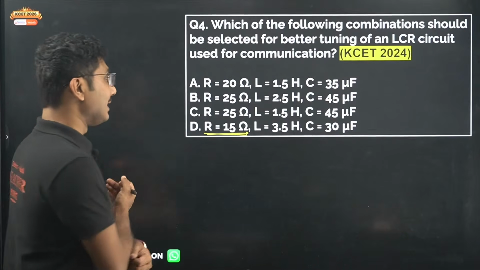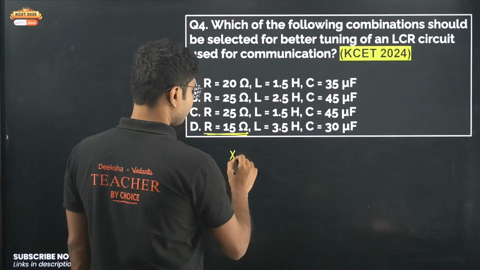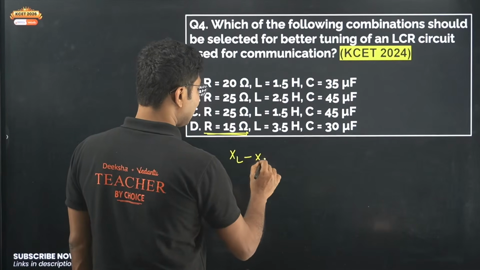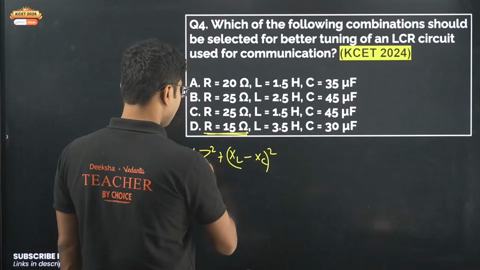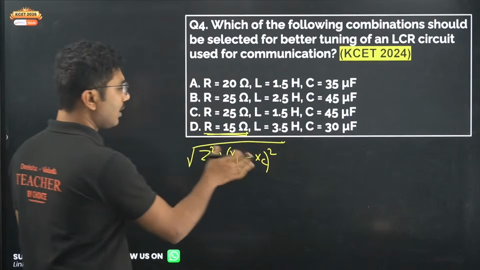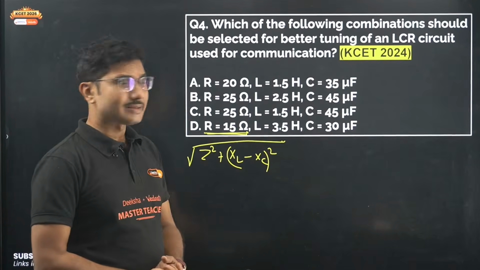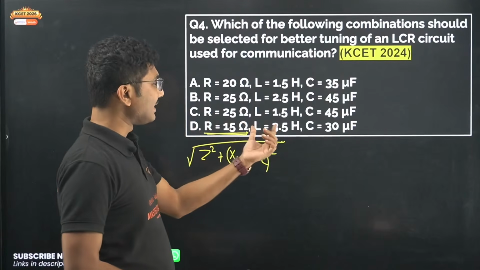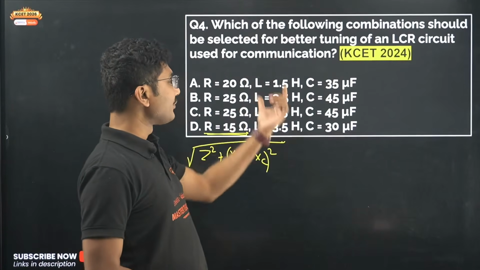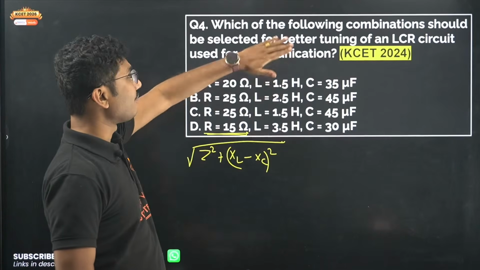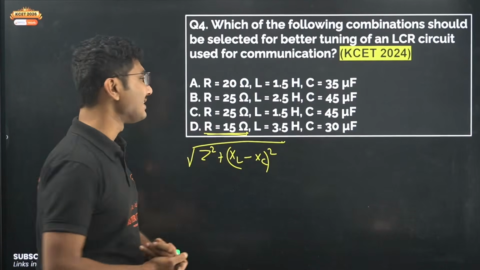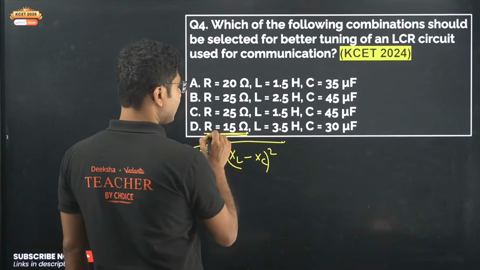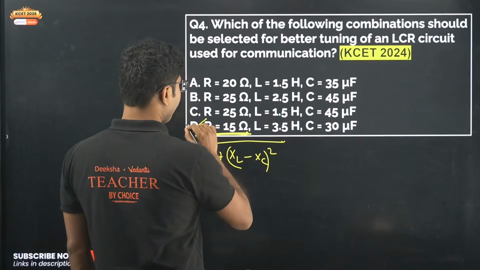We know the impedance of the circuit is the square root of R square plus (XL minus XC) whole square. XL minus XC will also play some role, but as we can see the L values vary significantly and the frequency is not given, so we will choose the smallest resistance in this case. The smallest resistance here is 15 ohm. So we will choose 15 ohm.